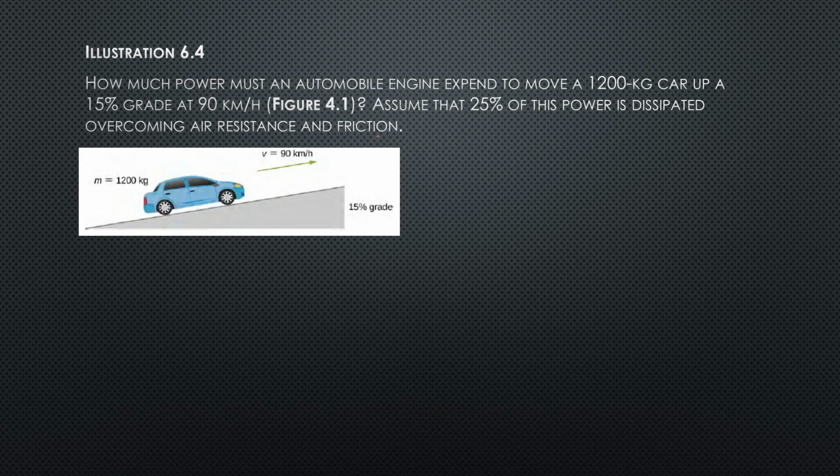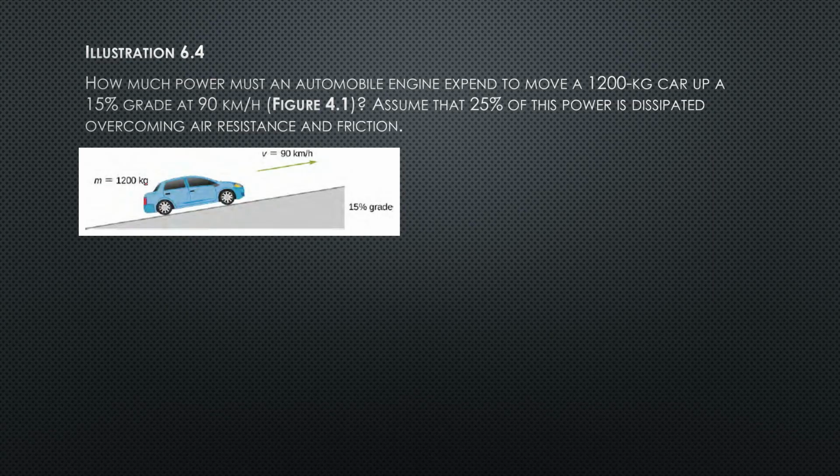So if power is 100%, 25% of that is used to overcome air resistance and friction along the car's wheels. Okay, so in all, only 75% of the power is used to move the 1,200 kilogram car.